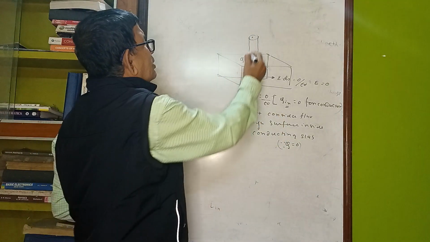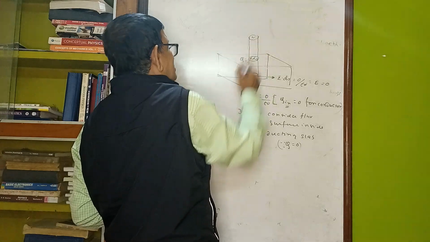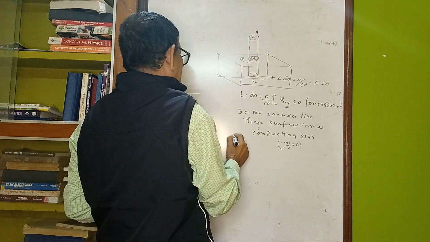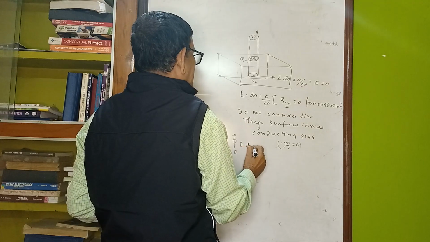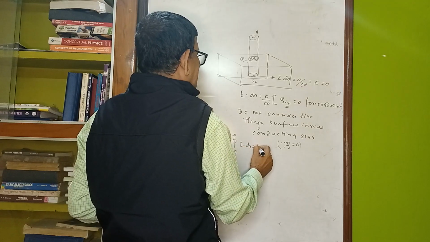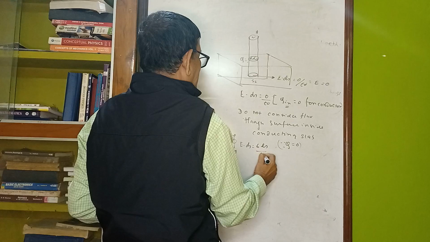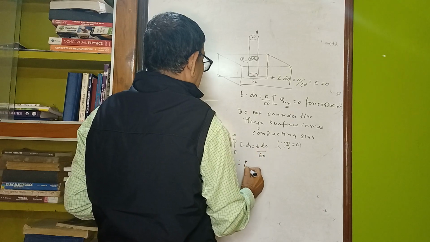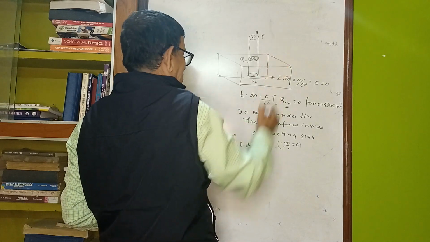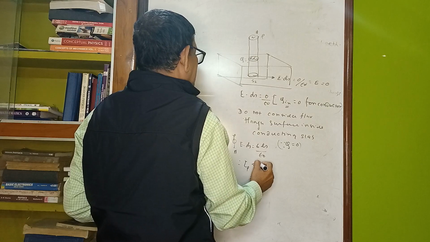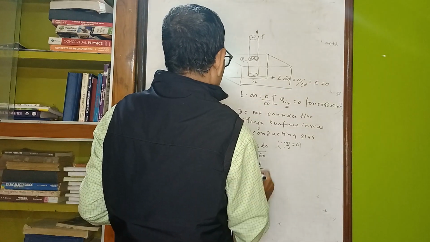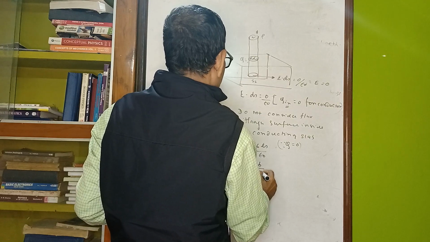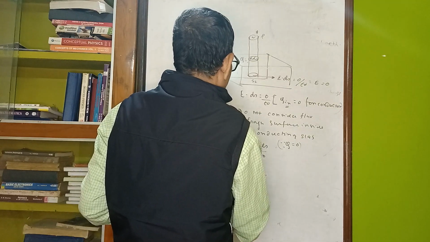So what are we getting? Only considering this surface A, the flux through A, E dot ds, equals total charge sigma ds by epsilon naught. So E at point P is sigma by epsilon naught. Very important.